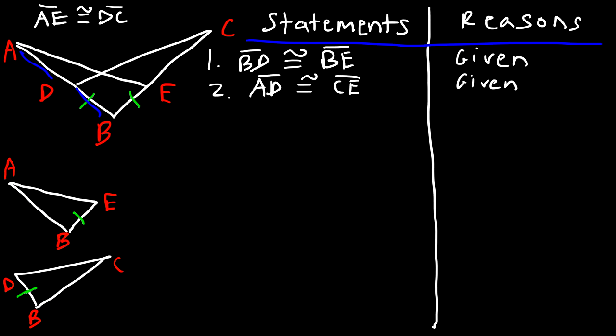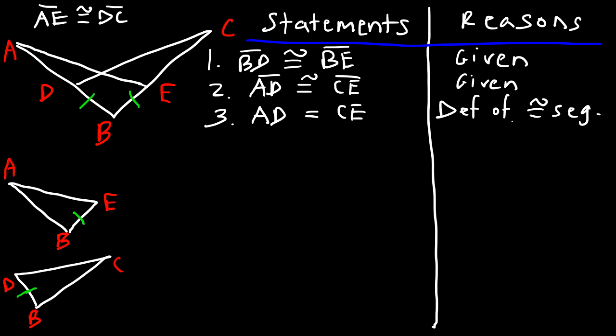So let's do that. So let's change this. This is going to be AD is equal to CE. And that's definition of congruent segments. So now what I'm going to do is add BD to both sides of this equation.